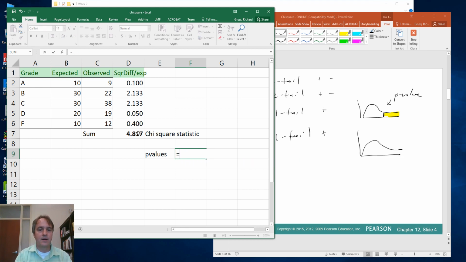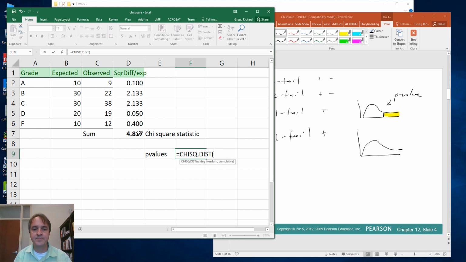And then we also had t.dist, which took a value and degrees of freedom and returned probability. When assessing whether an F ratio was significant, we did f.dist, and it took the F statistic value, and then also the numerator degrees of freedom and the denominator degrees of freedom. Well, this is just one more. It's exactly parallel, and it's chi-square dist, and it's going to take an x value and degrees of freedom.